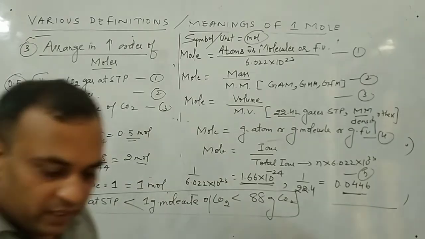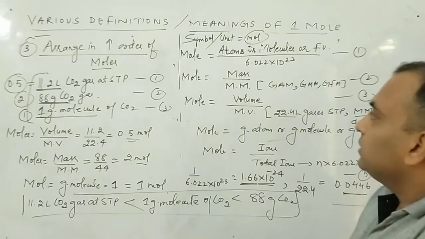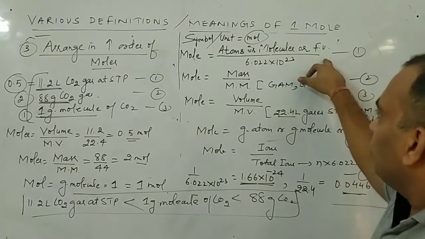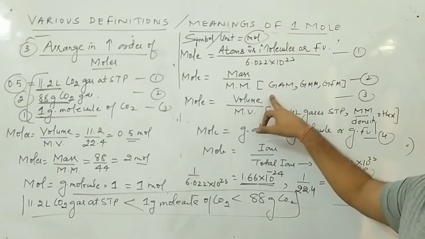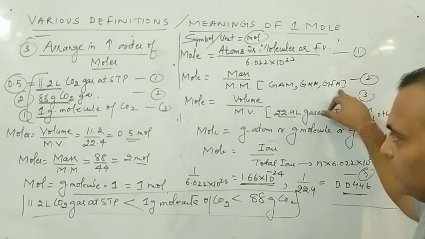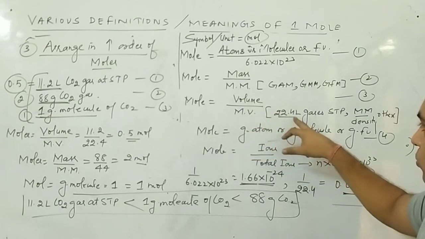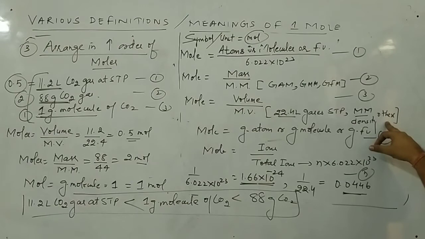So you have to remember these formulas. Again I will repeat the formulas, then we will pack up this lecture. Mole equal to atoms or molecules or formula unit upon Avogadro number. Second, mole equal to mass upon molar mass, that may be gram atomic mass, gram molecular mass, or gram formula mass. Mole equal to volume upon molar volume, that is 22.4 liter for gases, and molar mass upon density for others.